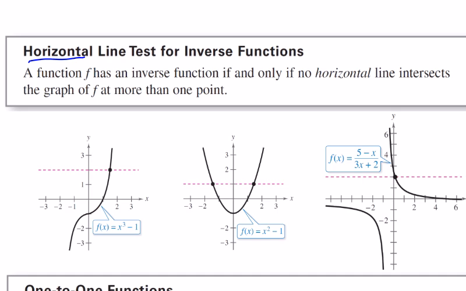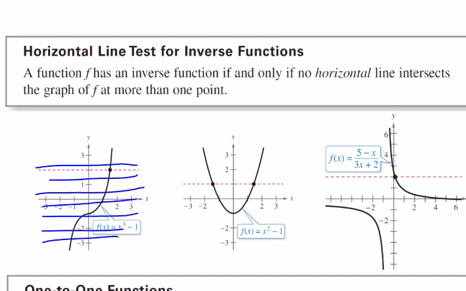Because not all functions have inverses, for a function to have an inverse, it must pass the horizontal line test, okay? So you could draw a horizontal line anywhere on the graph and it can only cross once, no more than once.